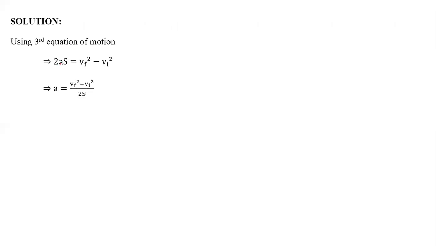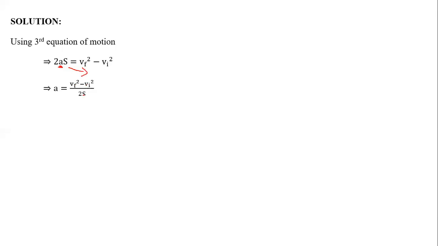Then in the solution, first we will use the third equation of motion. The third equation of motion is 2as is equal to vf square minus vi square. I have to find the value of a with the help of this equation, so I will isolate a. The 2s will get divided on the other side of the equation, so a becomes vf square minus vi square upon 2s.